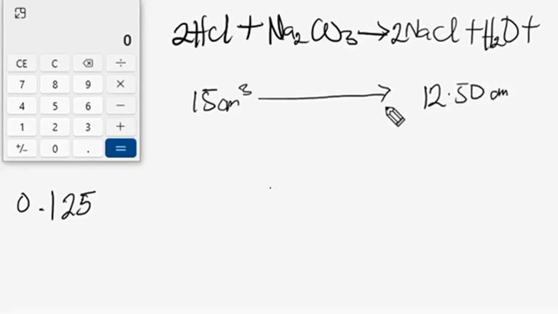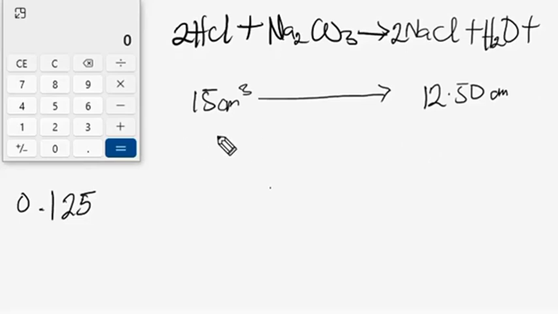So 15 cm cube of the solution requires 12.50 cm cube of the aqueous sodium trioxocarbonate(IV) for neutralization. So we have to calculate the concentration of the alkaline solution. So before then, we can now say, since 15 cm cube requires 12.50 cm cube, but then 0.50 dm cube was used.